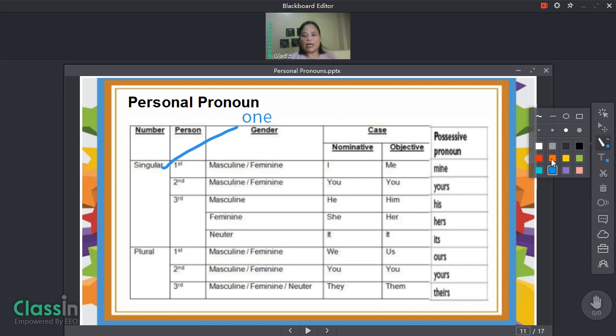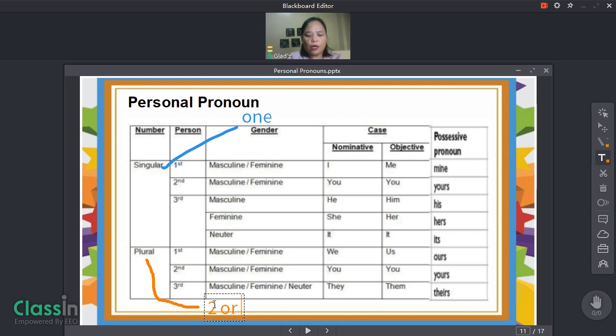While those in this part, under the pronoun, are referring to two or more, two or more things, objects, or events. So look at this one.